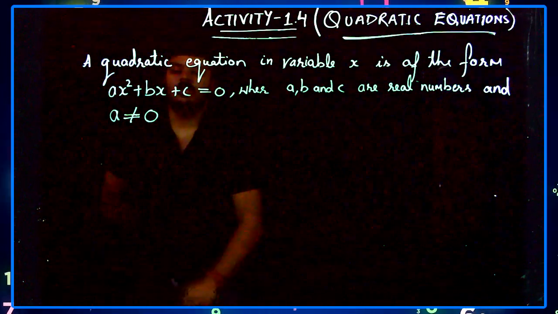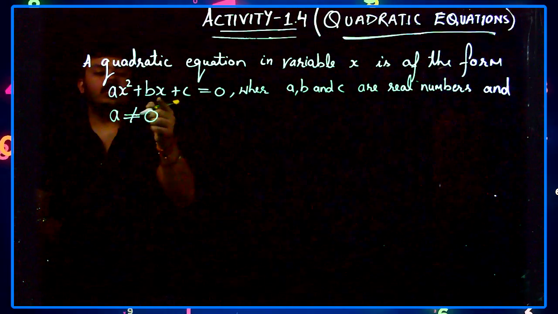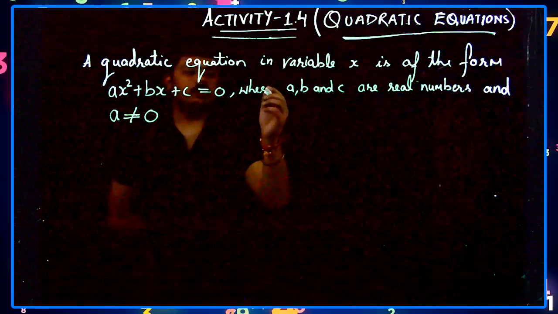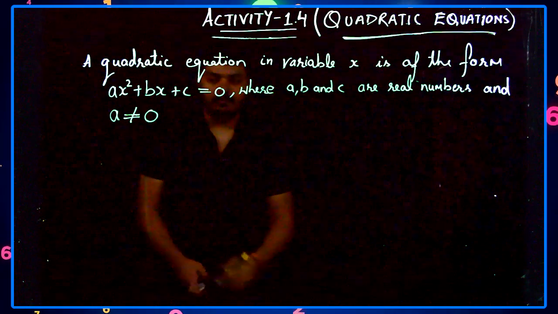So this is the condition for the quadratic equation ax square plus bx plus c: a can never be equal to 0, and a, b and c are real numbers.